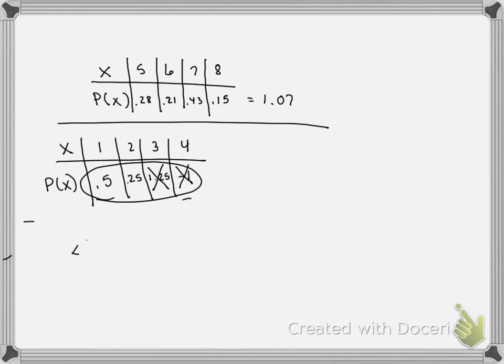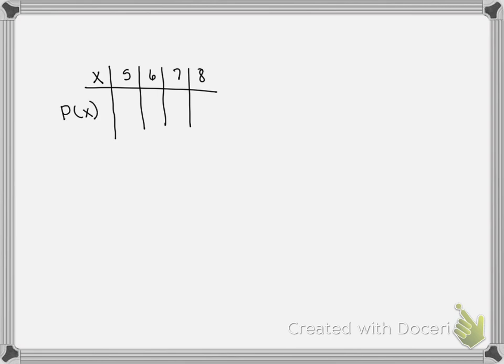So let's look at the try it yourself. Okay, the try it yourself 4, we have our X values here, 5, 6, 7, and 8. And the probability here is 1/16, which as a decimal is 0.0625.